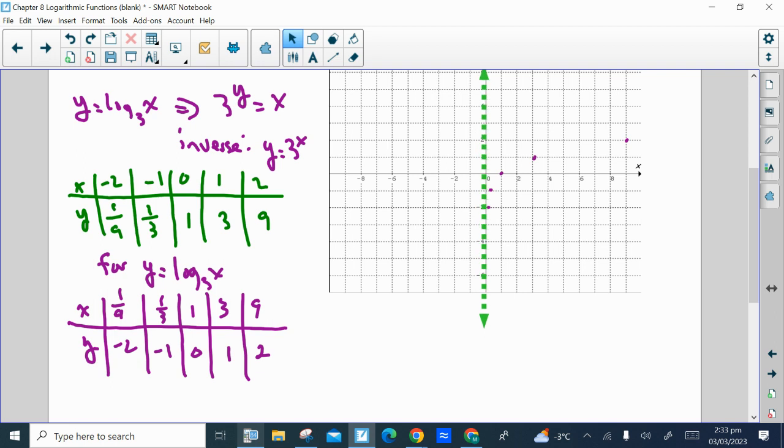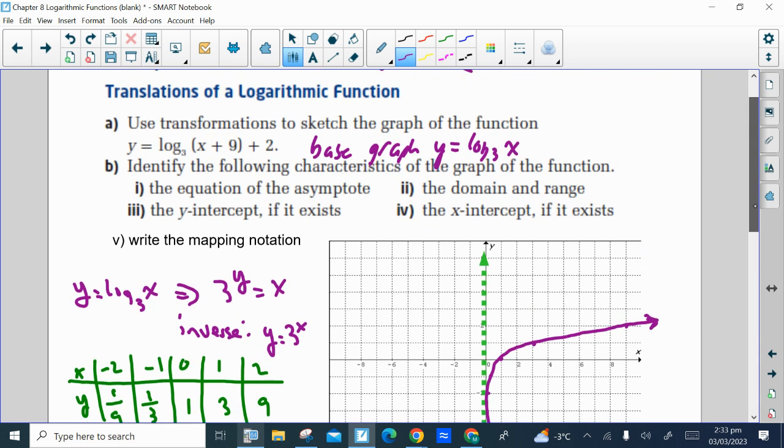This is another reason why you cannot take the log of a negative number, because x must be greater than 0. The y-axis is an asymptote. So there's that graph.